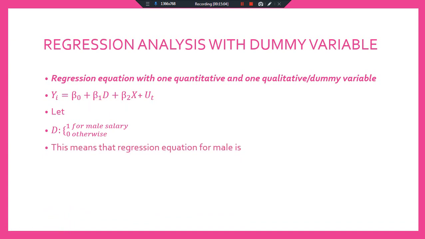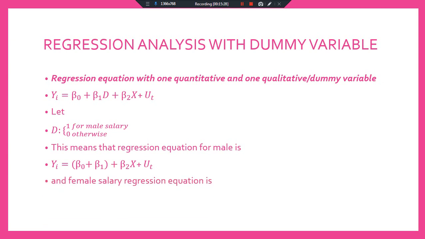And for the salary of a male, the regression equation will look like this: y is equal to beta naught plus beta 1, because here we put a 1, so we get a higher constant as compared to the main regression line. So we have a constant of beta naught plus beta 1. So this is our salary of a male.